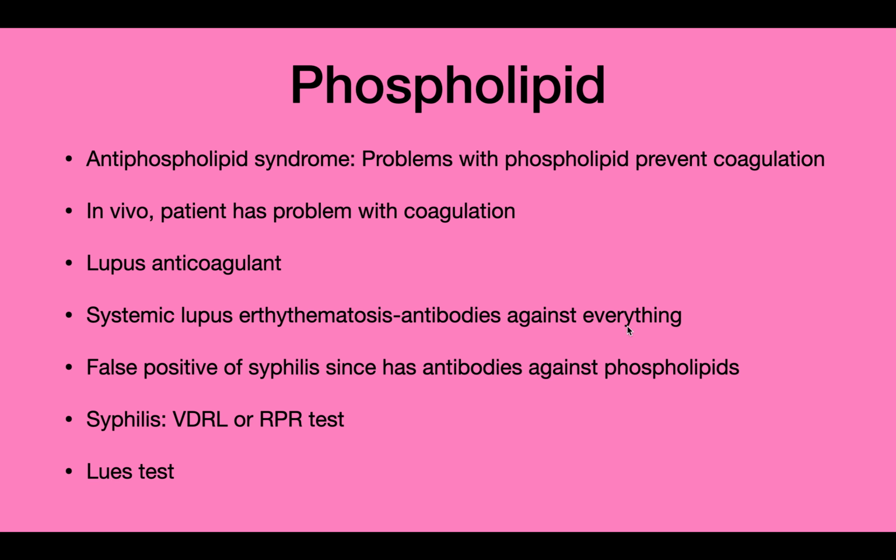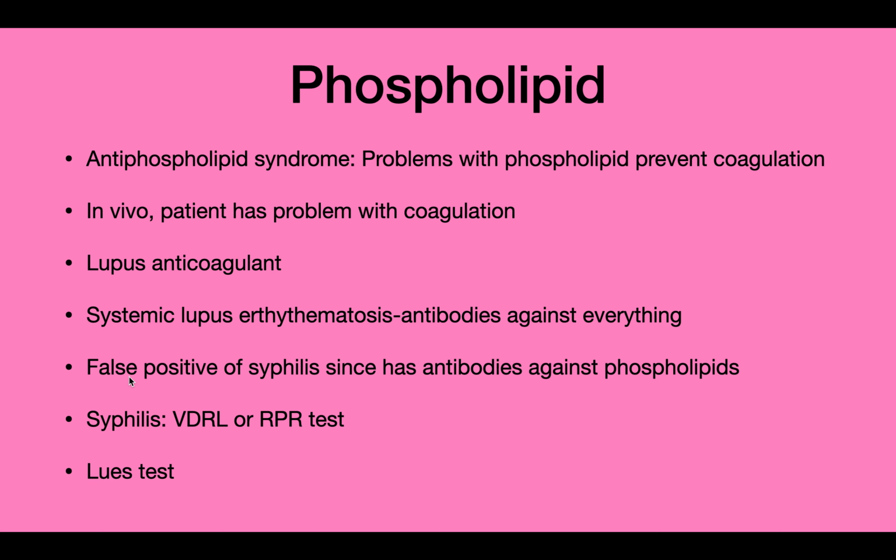So that means that it really is going to be antibodies against everything. We'll cover that more in a different lecture, but just know that it presents as a malar rash for now.